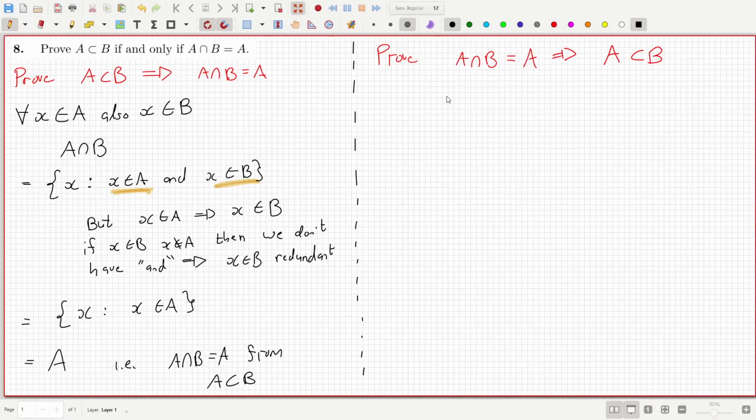I mean, I guess it's kind of similar logic, really.